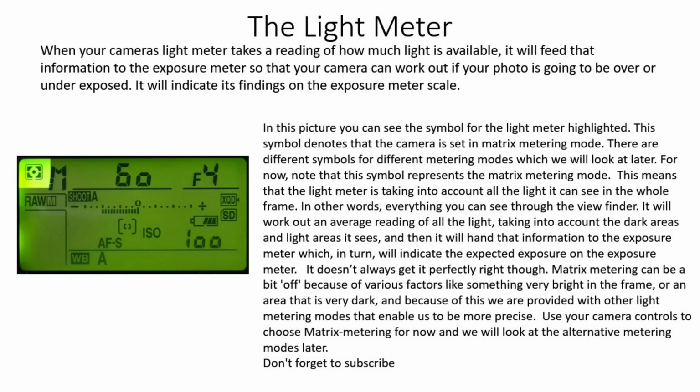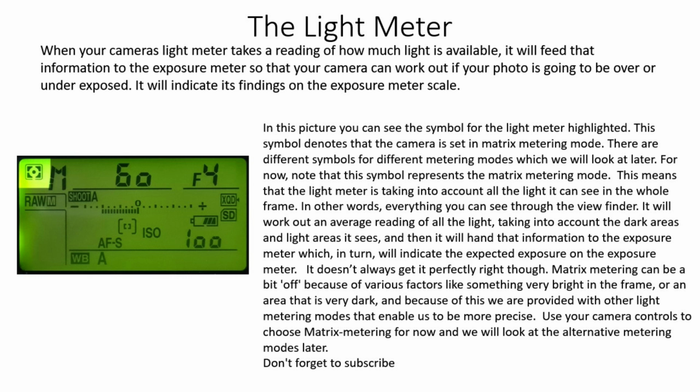It will indicate its findings on the exposure meter scale. In this picture, you can see the symbol for the light meter highlighted. This symbol denotes that the camera is set in matrix metering mode. There are different symbols for different metering modes, which we will look at later. For now, note that this symbol represents the matrix metering mode.